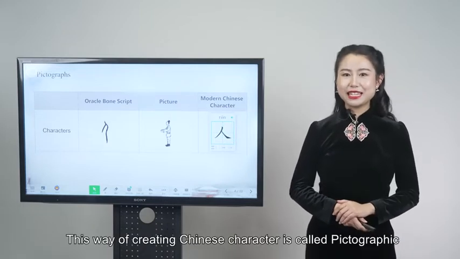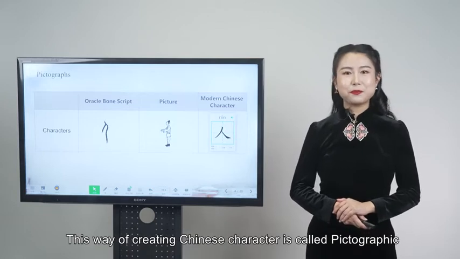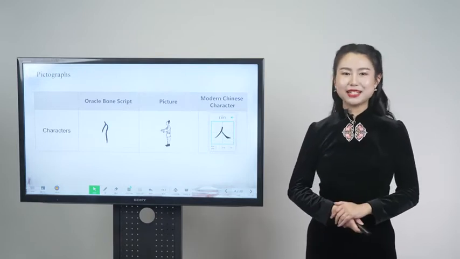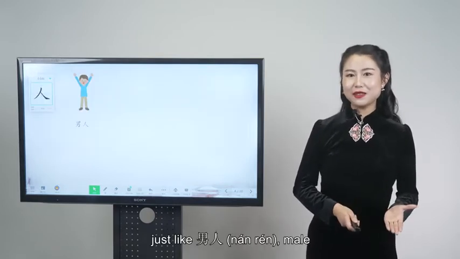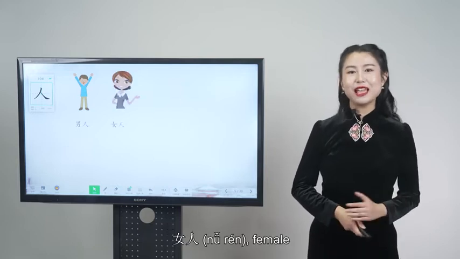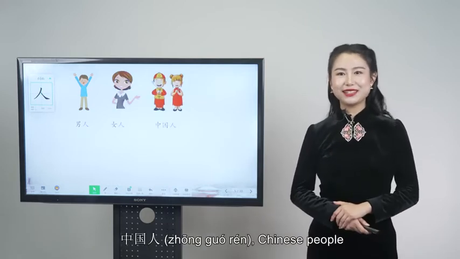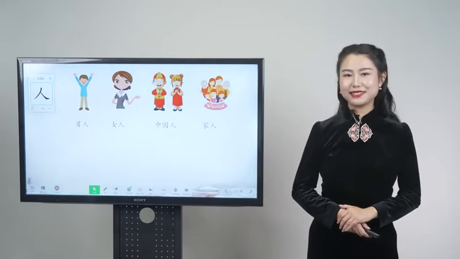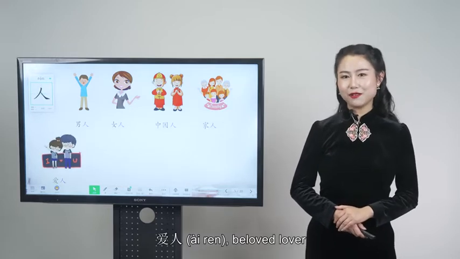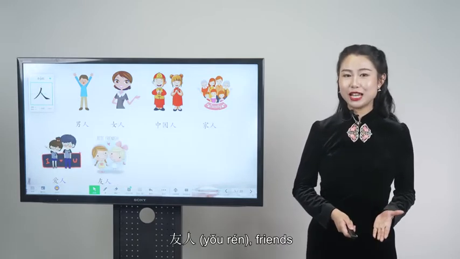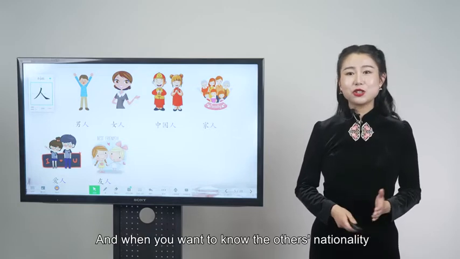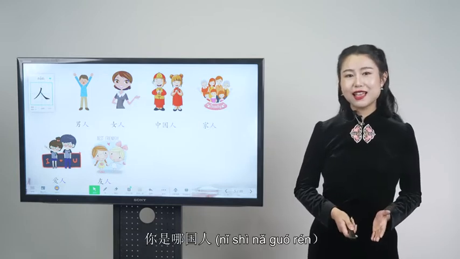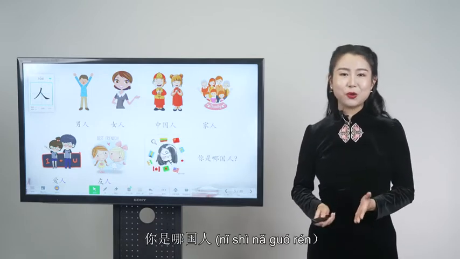This way of creating Chinese characters is called pictographic. 人 can be made into words, just like 男人 male, 女人 female, 中国人 Chinese people, 家人 family members, 爱人 beloved lover, and 友人 friends. And when you want to know the other's nationality, you may ask, 你是哪国人?